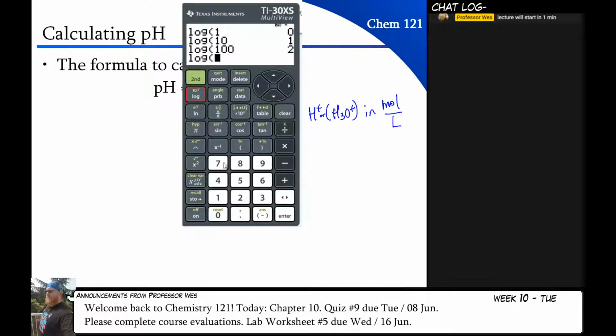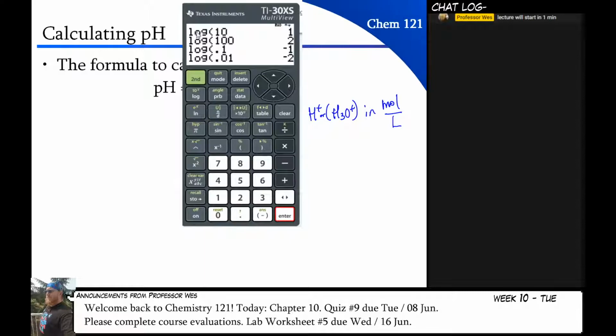Now, if I go down by a factor of 10, which would be 0.1, then I get negative 1 as my result. Log of 0.01 would be negative 2, and so on and so forth. So it's just a different way of counting that is useful for various formulas.